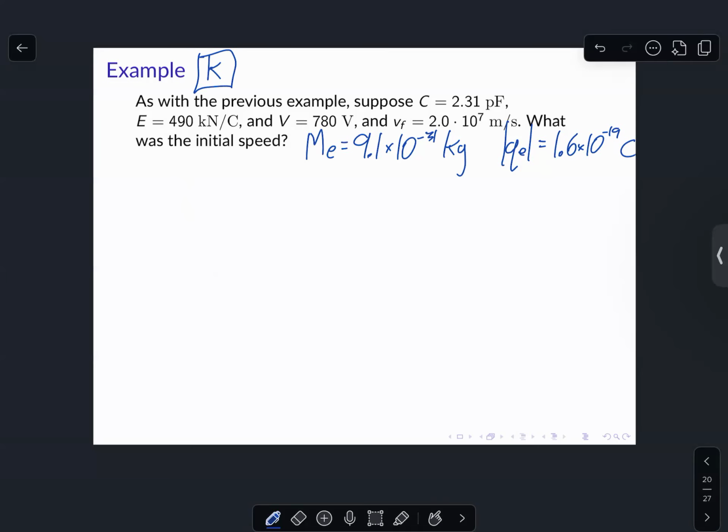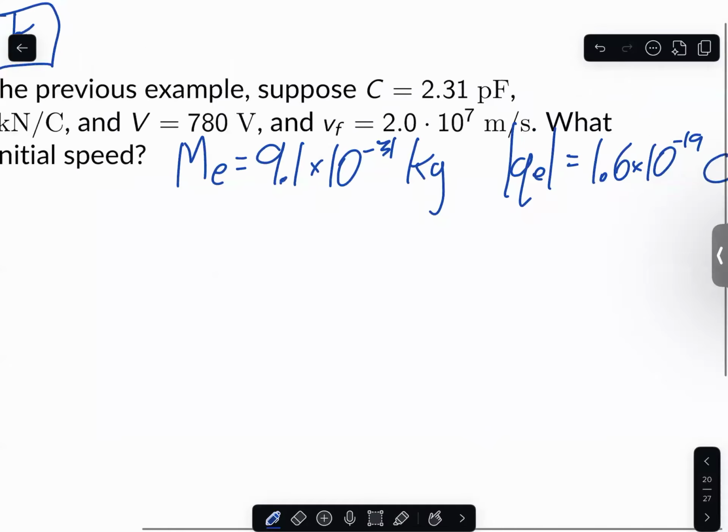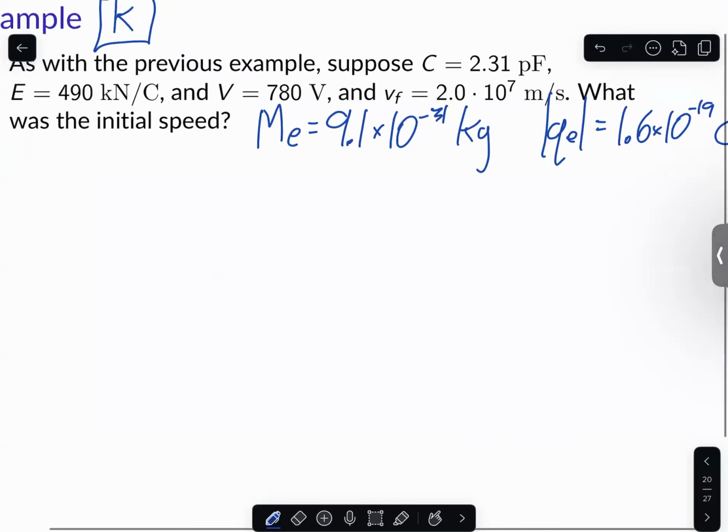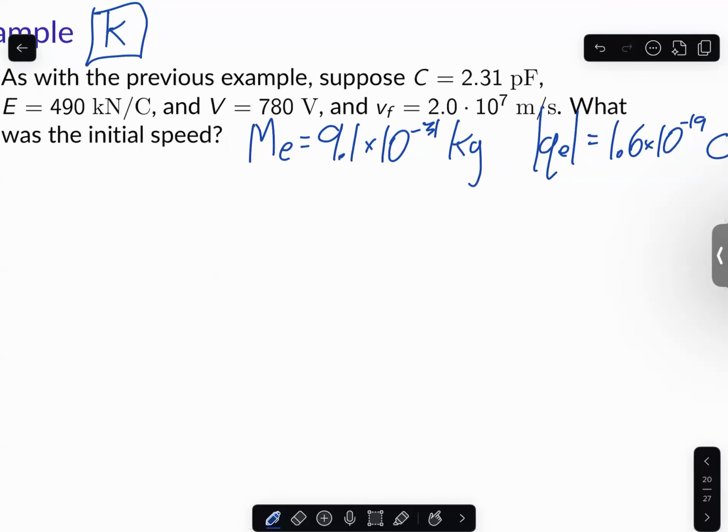The exponents are negative 31; they are small. Please use your calculator carefully, by the way.